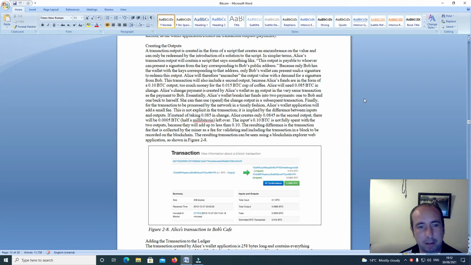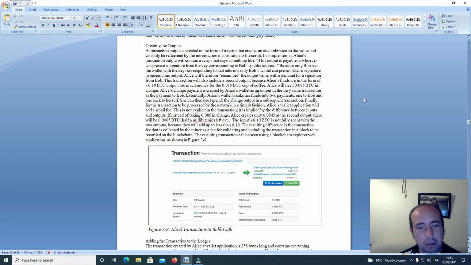Because only Bob has the wallet with the keys corresponding to that address, only Bob's wallet can present such a signature to redeem this output. Alice will therefore encumber the output value with a demand for a signature from Bob.